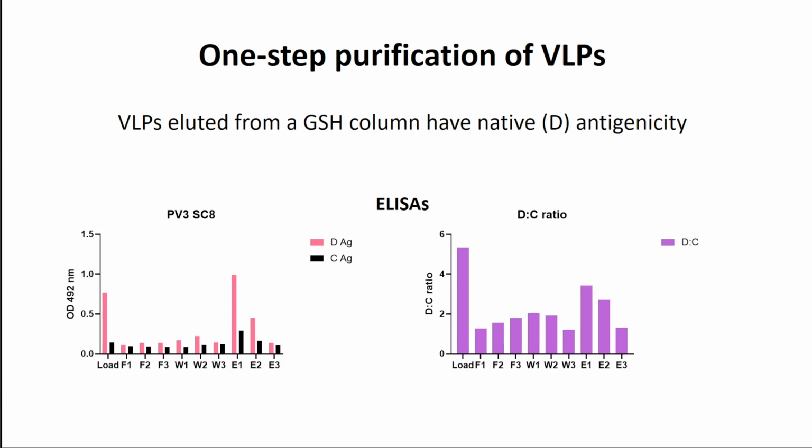What this shows here is the wash and elution of particles from very crude extract of the materials simply passed through a column. So it looks as though we can get a very simple purification in a one-step process.